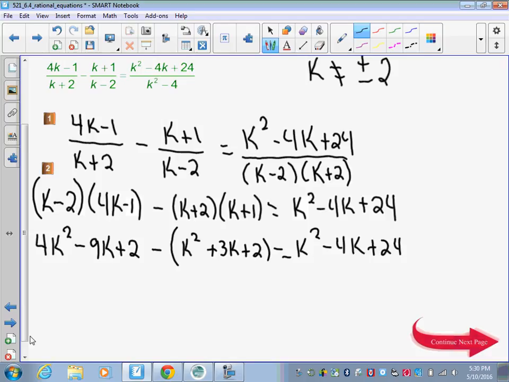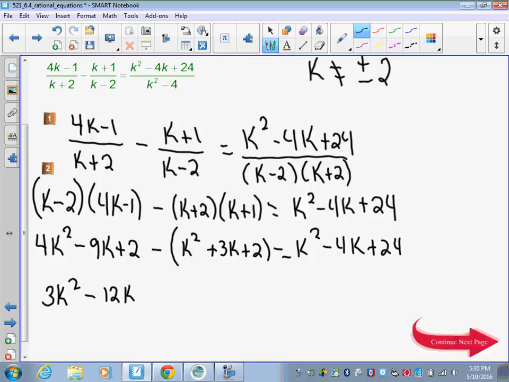Keep working to gather up your like terms. 4K squared, subtract the K squared will leave me with 3K squared. Negative 9K, subtract 3K, or you're thinking about keep switch switch. Negative 9 plus a negative 3, which leaves you with negative 12K. Positive 2, subtract 2. It's like saying positive 2 plus a negative 2, which will cancel each other out.